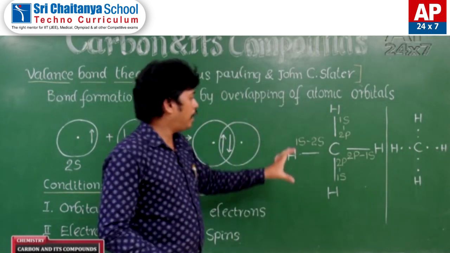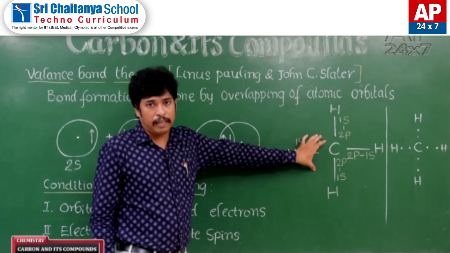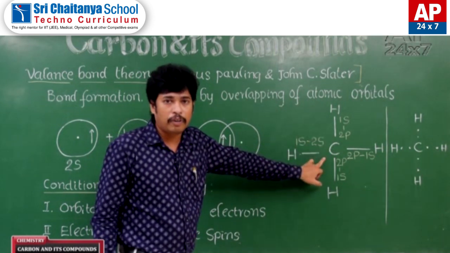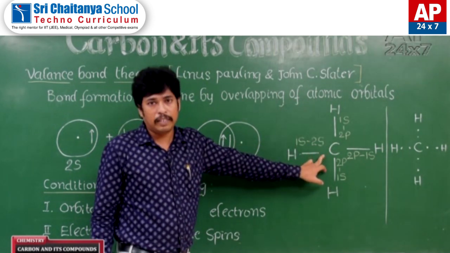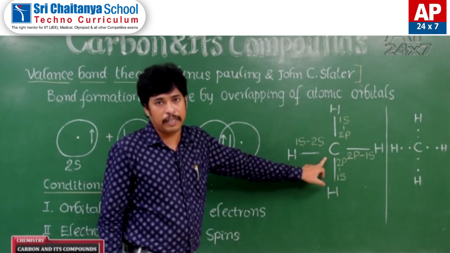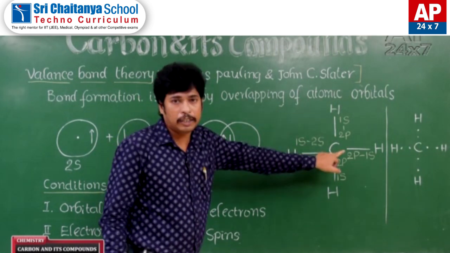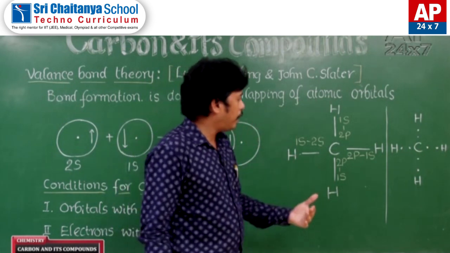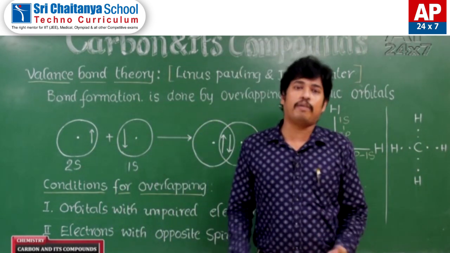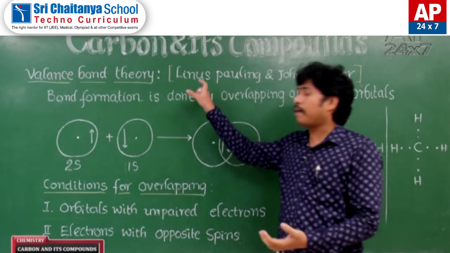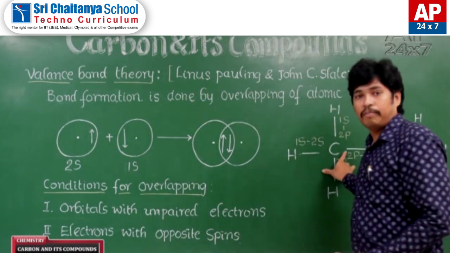Here I am taking the example of methane, that is CH4, a very basic hydrocarbon, the first member in the hydrocarbon series. I will try to explain how covalent bond formation is possible as per valence bond theory in the methane molecule.